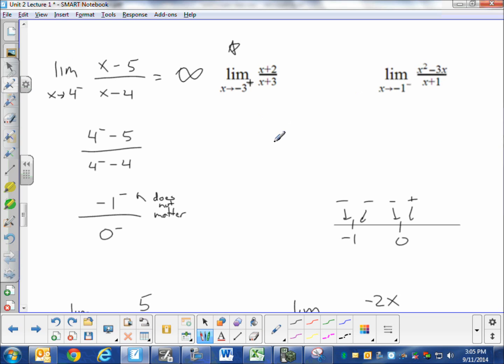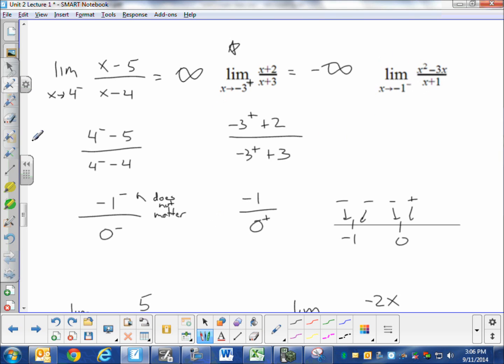That's important. So you get negative infinity. Okay?